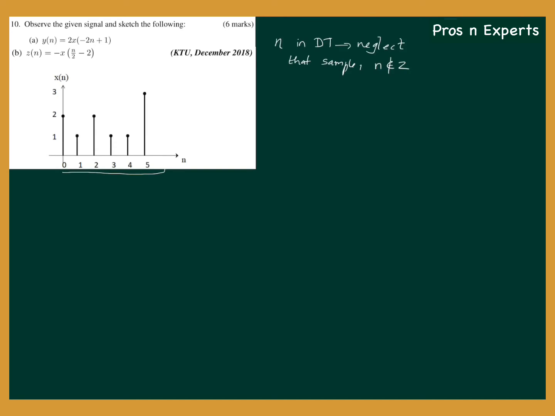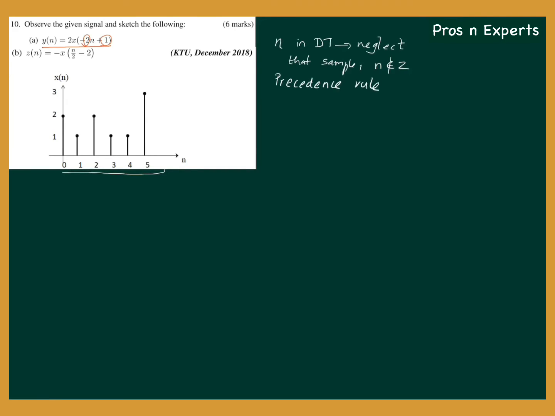So let us move on to this question. The first question is to plot the signal 2x of minus 2n plus 1. So definitely there is shifting and scaling, right? So we go for the precedence rule.